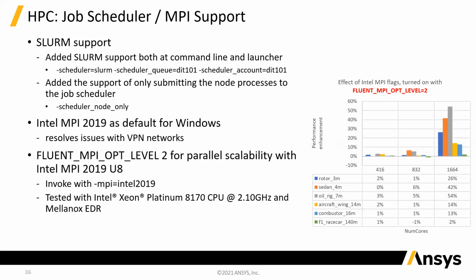Now, that has one key improvement that is particularly relevant during these COVID times. It's resolved issues with Fluent crashing the instant a VPN network drops out. So prior to this, the job would just instantly crash. Now there will be a sufficient time for it to reconnect and continue.